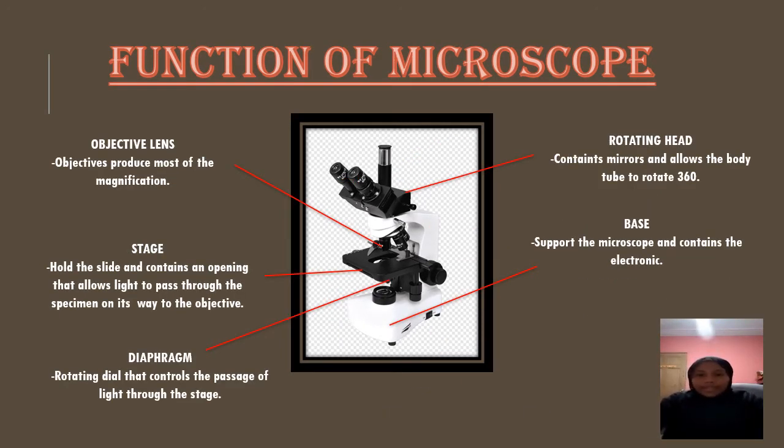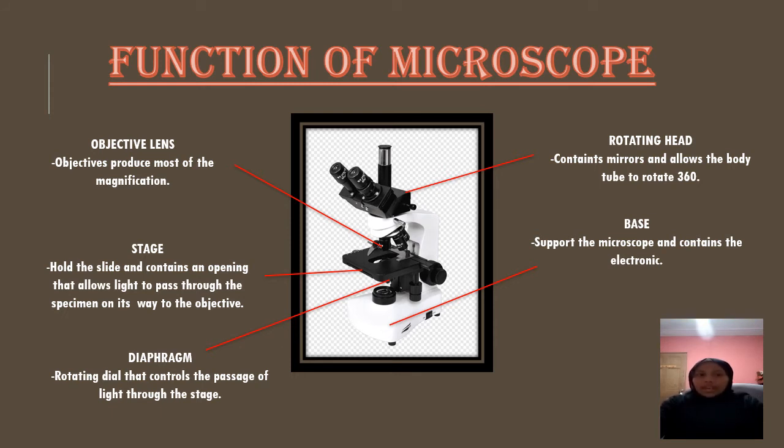Okay, for the next function of the microscope is base function. The base function is to support the microscope and contain the electronics. The microscope should be carried with one hand under the base and the other holding the arm. For the diaphragm function, it is a rotating dial that controls the passage of light through the stage.